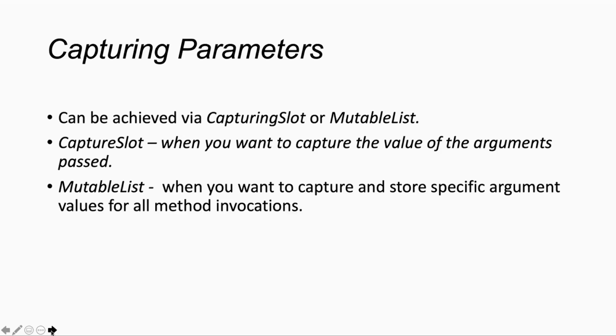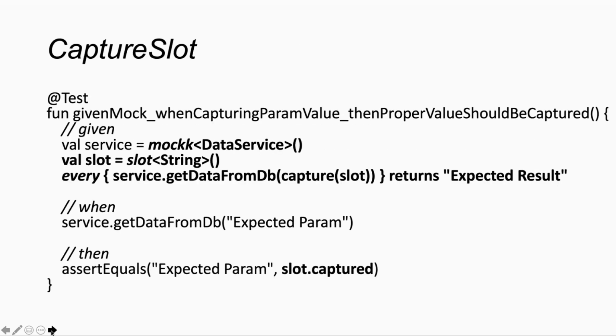Now moving on to capturing parameters. This was available in Mockito with the ArgumentCaptor construct. In MockK, it is available with capturing slot and mutable list. When you use capturing slot, you want to capture the value of the argument passed. When you use mutable list, you want to capture and store the argument values for all method invocations.